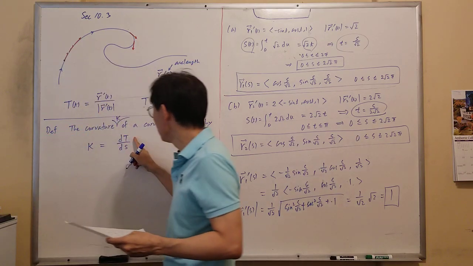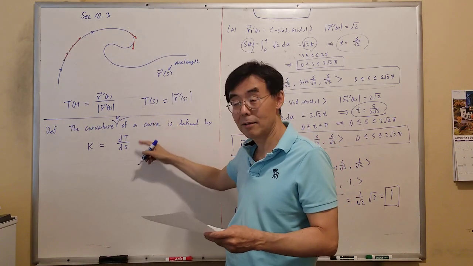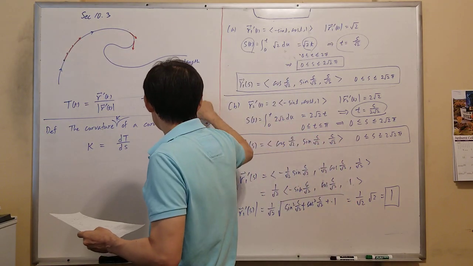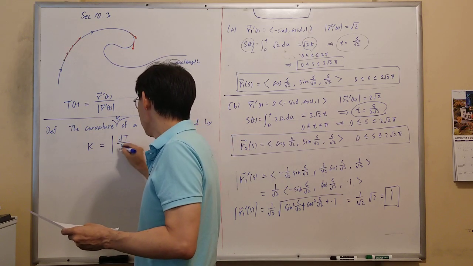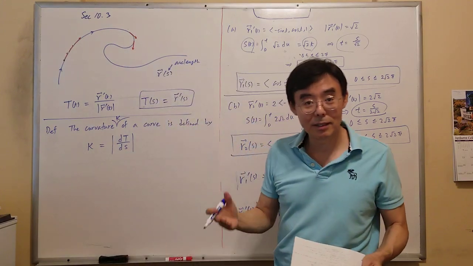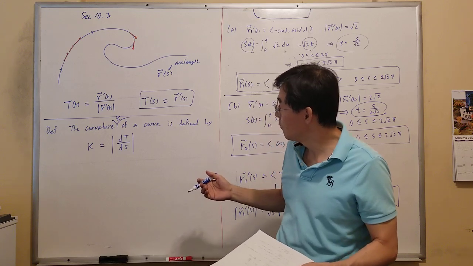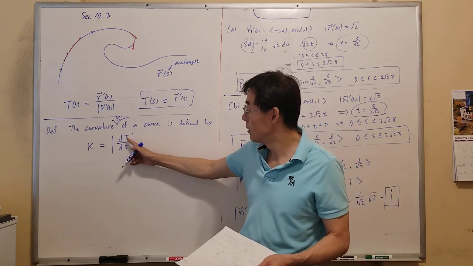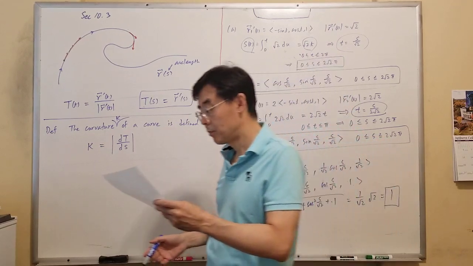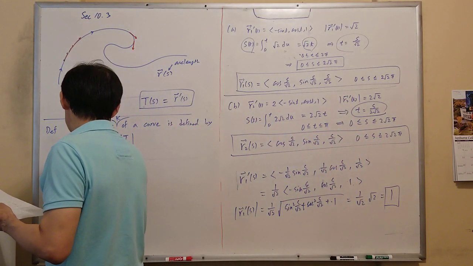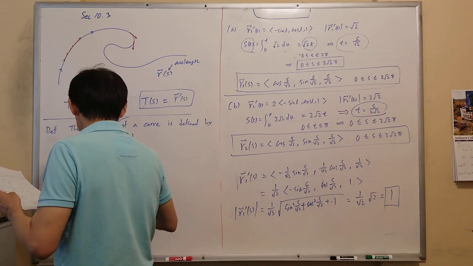So you take the derivative of your unit tangent vector with respect to S, not this. And take the magnitude, because we want to make it a real number. So the magnitude of the derivative of the unit tangent vector, where T is the unit tangent vector.